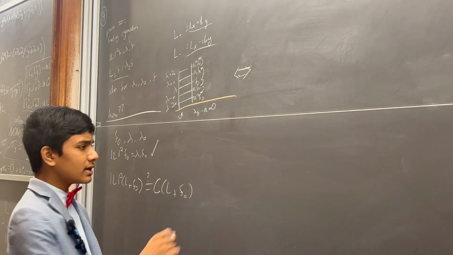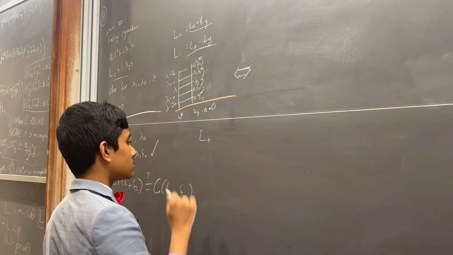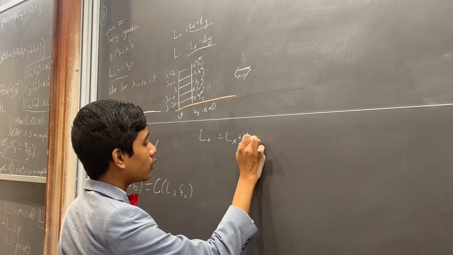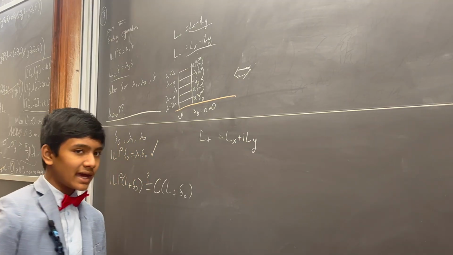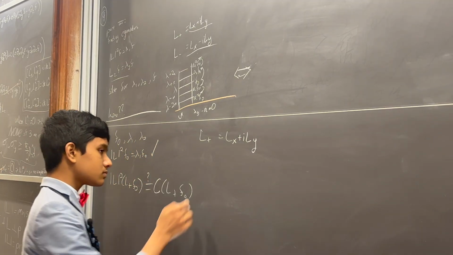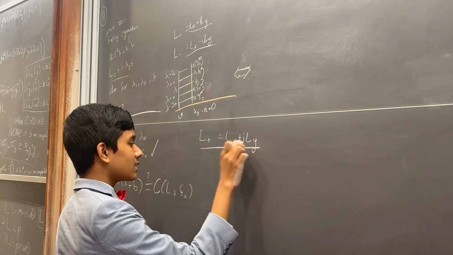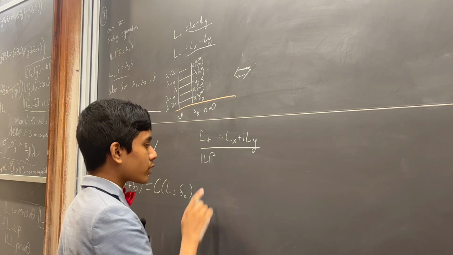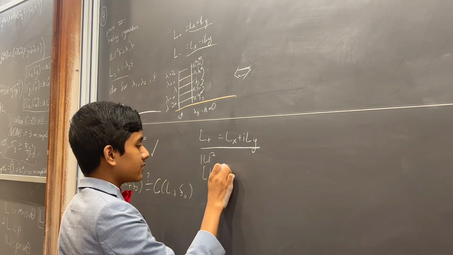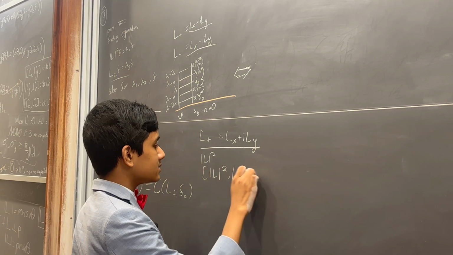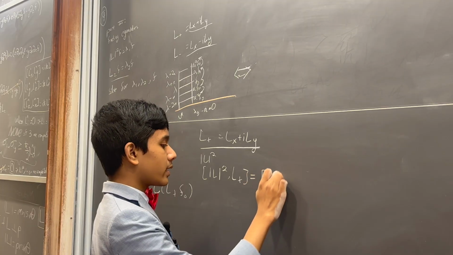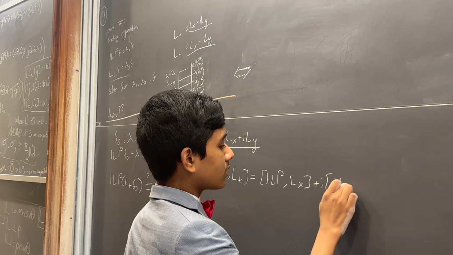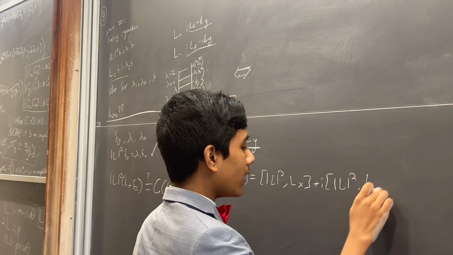What happens when we do this? Well, consider that L plus is a linear combo of Lx and Ly, which means that this commutes with L squared, since L is a linear operator. The commutator of L squared and L plus is just the commutator of L squared and Lx plus i times the commutator of L squared and Ly.